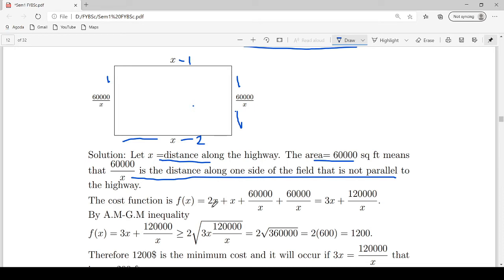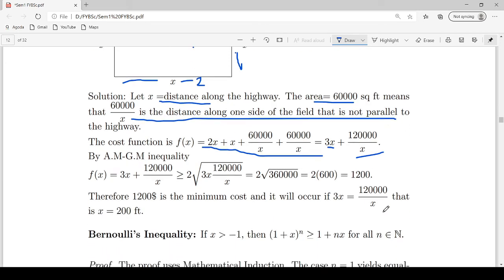So your cost function f of x is equal to 2x plus 60,000 upon x plus 60,000 upon x. Now 2x plus x is 3x, and 60,000 upon x plus 60,000 upon x is 1,20,000 upon x. Now we will apply the AM-GM inequality on 3x and 1,20,000 upon x.